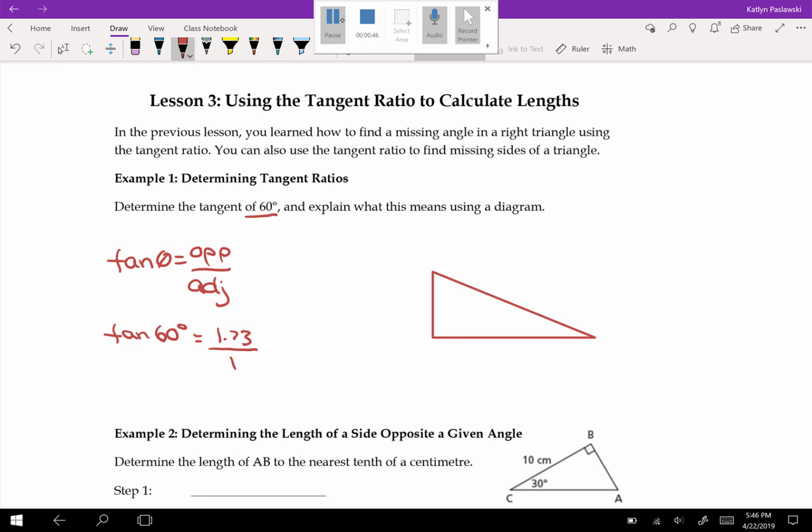So our opposite value is 1.73 and our adjacent is 1. Now, if we look at our triangle, here could be our value of 60, which would give us the opposite is 1.73, and the adjacent directly beside would have a value of 1, this being the hypotenuse.